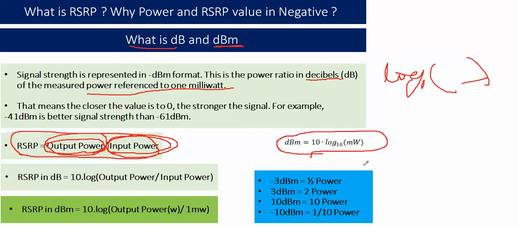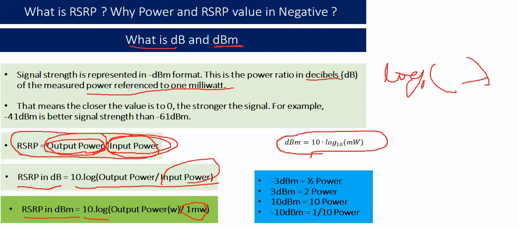This is the formula to convert our simple power into decibels, measured with reference to 1 milliwatt. Converting in dB, we take 10 times log of output power divided by input power. If RSRP is in dBm, the input power is 1 milliwatt.